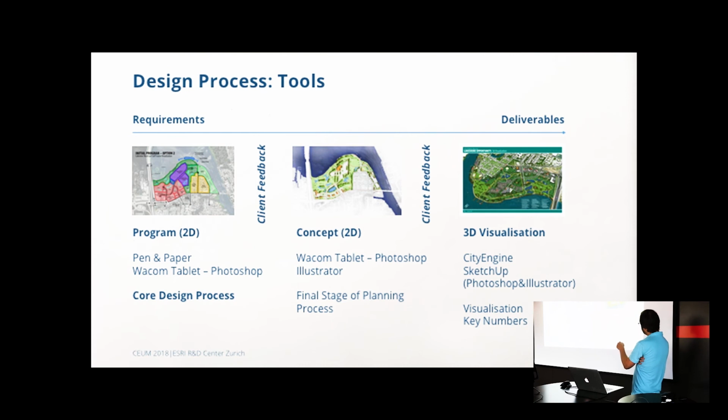And then for 3D visualization, we have the digital tools, CityEngine, SketchUp. And in the end, for brushing up the pictures in 2D, Photoshop and Illustrator. And of course, here we have those key numbers that are generated. As I mentioned before, this is a very cool thing, but here there is also a lot of potential.